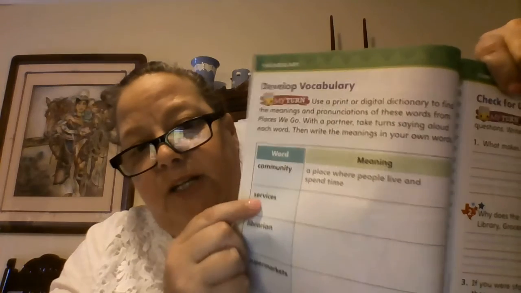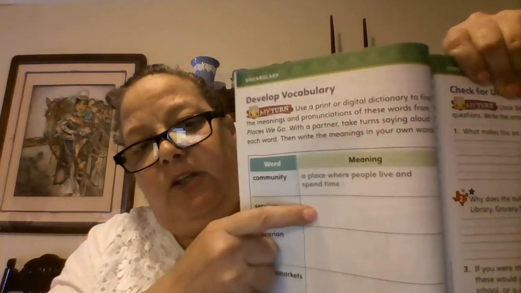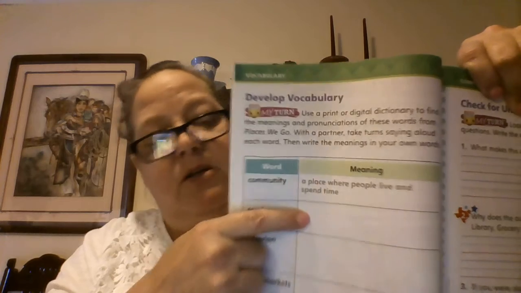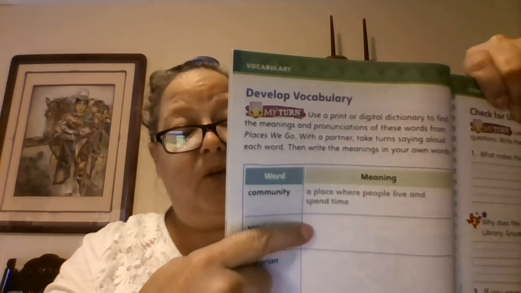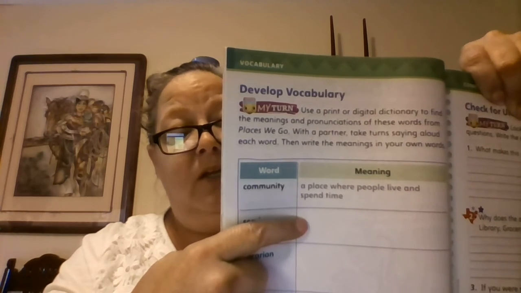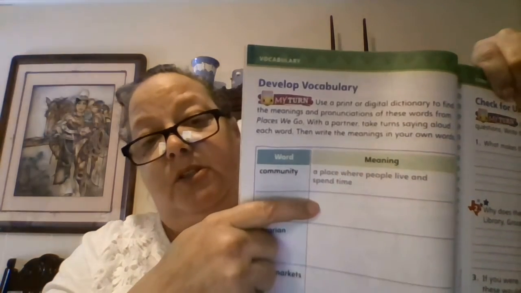So let's go back to page 116. Go all the way back to page 116. You might want to bend the corner over so you can keep going back to that page. And right here, where it says services, you're going to write in this box the definition that it says on page 101: work that people do to help others.